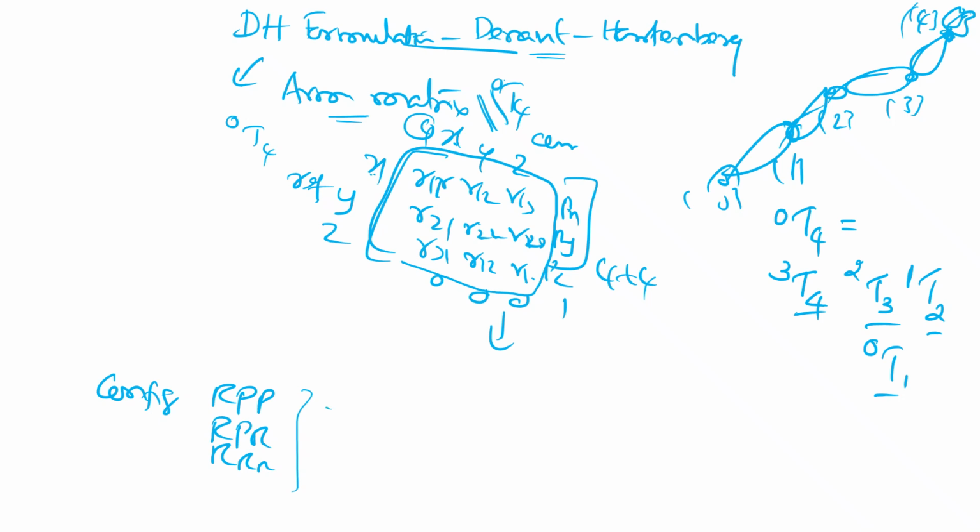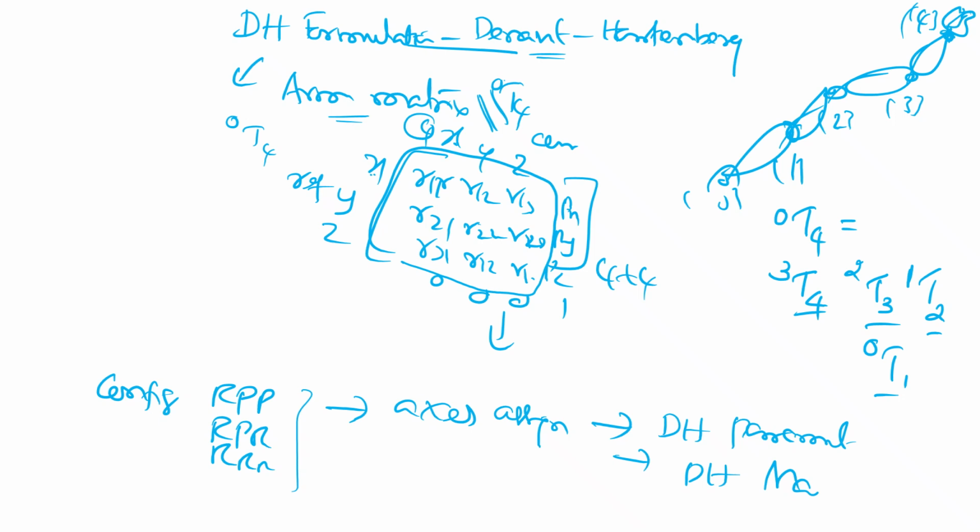First, you have to identify the configuration. Then you have to do the axis assignment. After that, we have to find the DH parameters, then the DH matrix, followed by the OM matrix. So this is the flow. DH has a systematic procedure to derive the DH parameters.